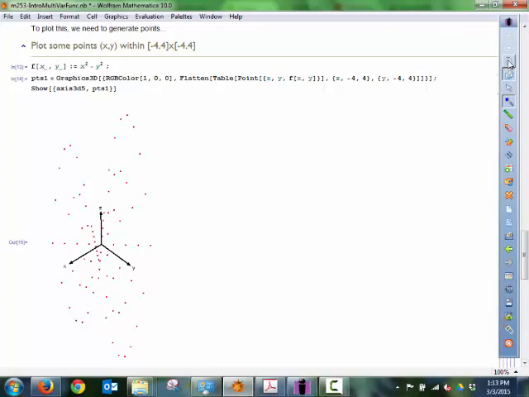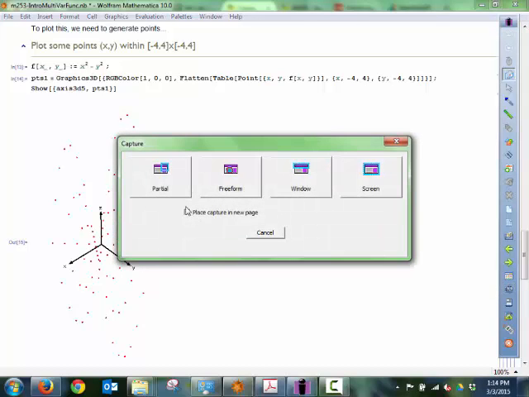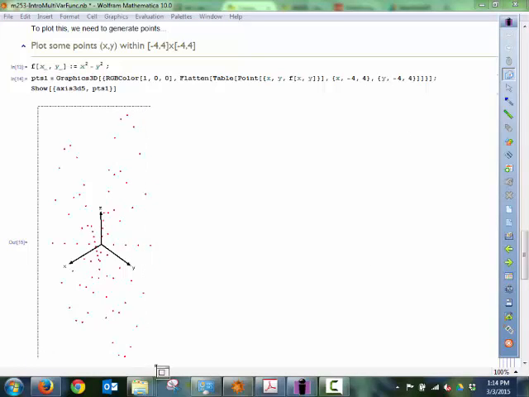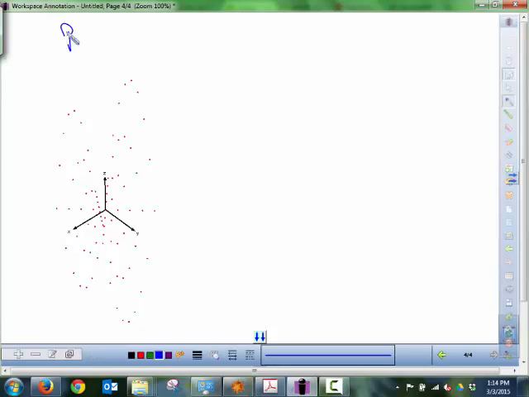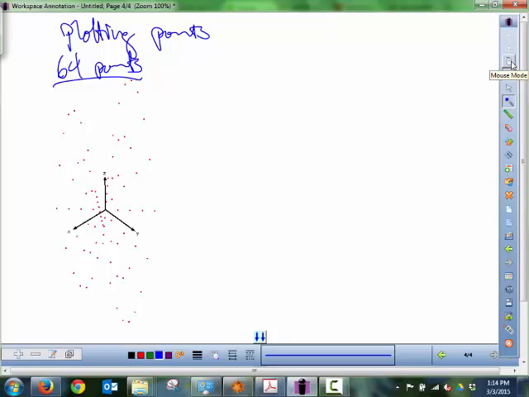So continuing on with this idea of plotting points, if we plot 64 dots, this is what we get. Usually when we're doing this in pre-calculus, when we're plotting points, we just connect the dots.